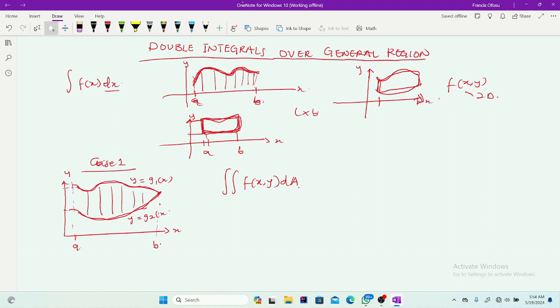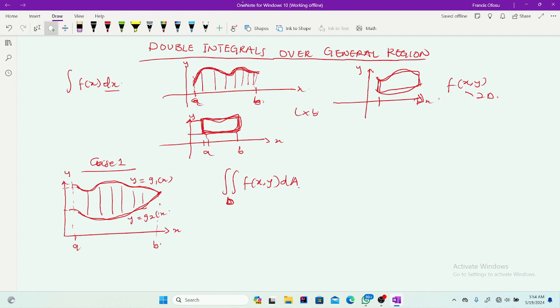Remember that every integral is done over a region, and the region here we represent with D. Whenever a problem is given, D is defined in the question. Sometimes you have to deduce the region over which you are going to integrate. So that's one thing you should take note of: know your D.